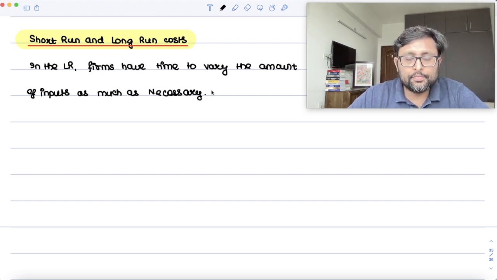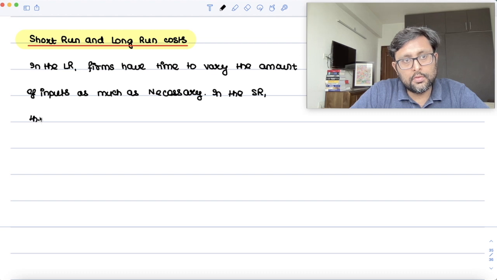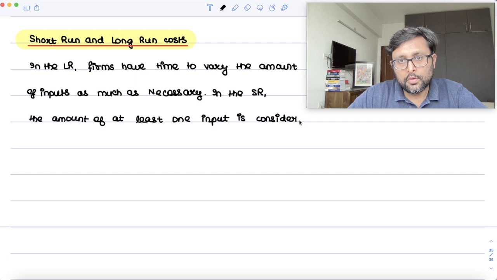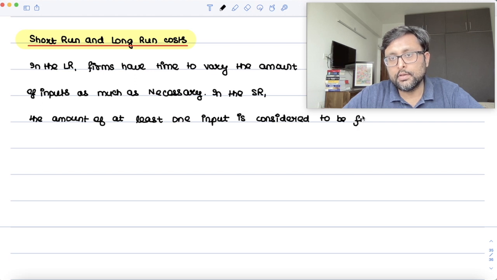So, in the short run, the amount of at least one input is considered to be fixed.